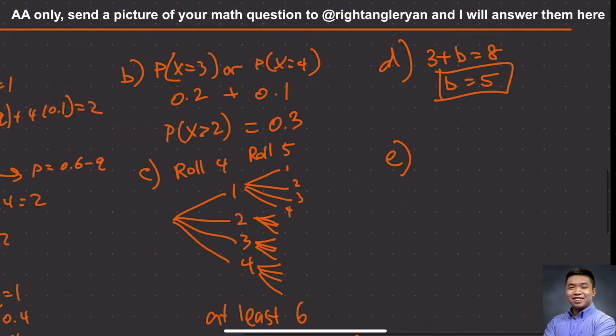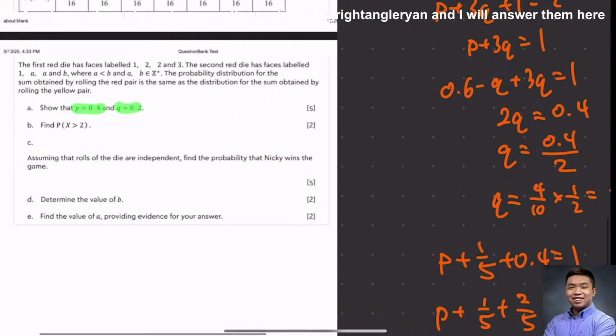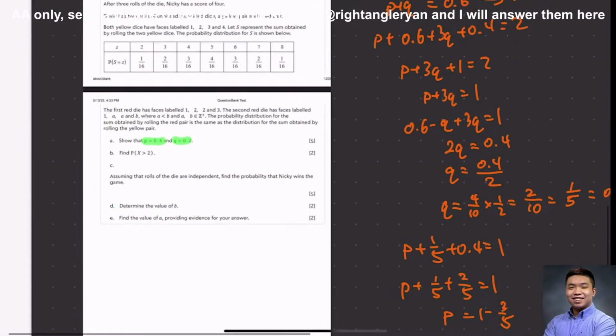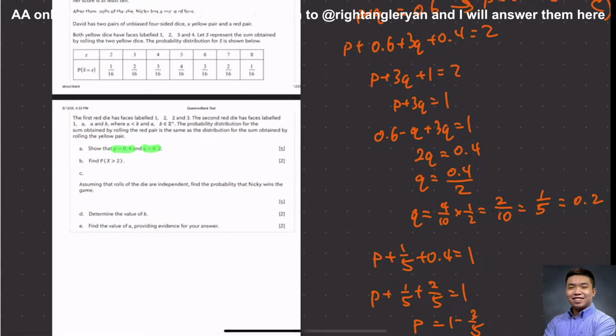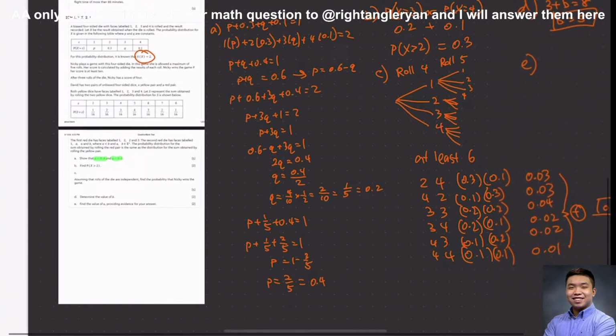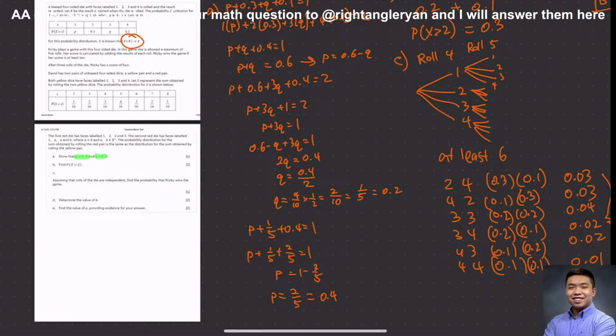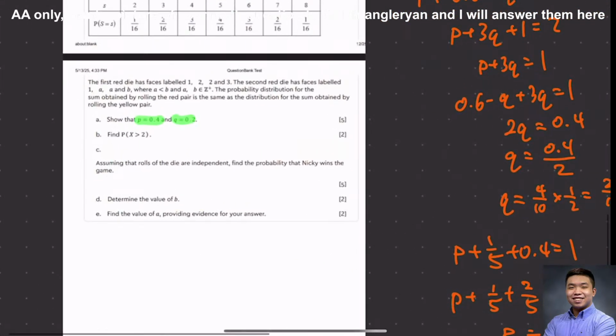And then part E. Find the value of A, providing evidence for your answer. I would likely just brute force it, so I will do it here, so it's easier.